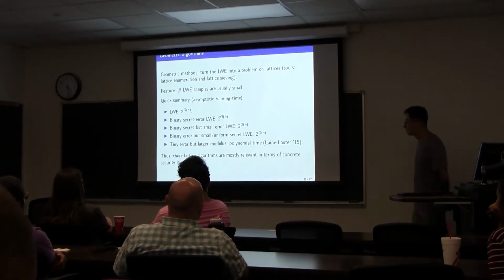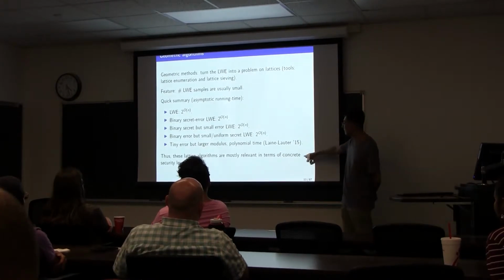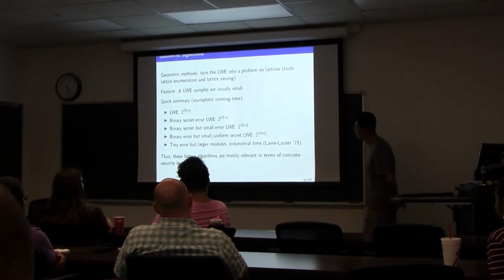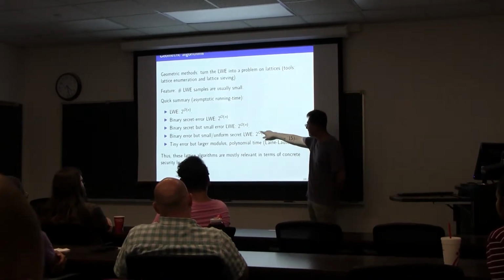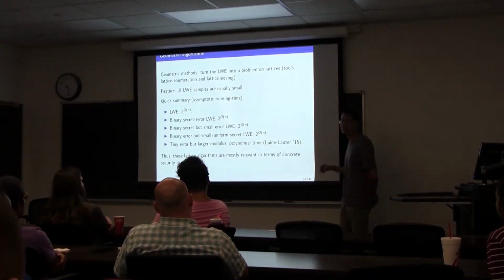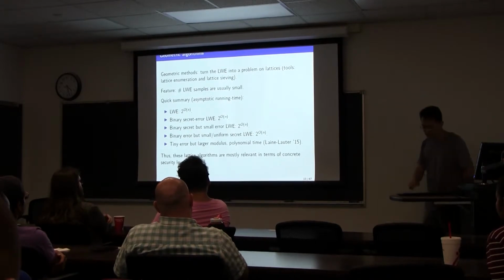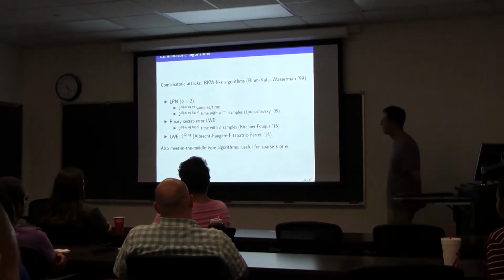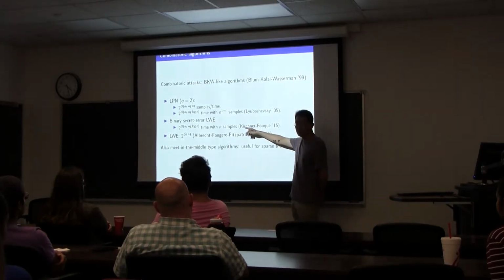So therefore, these lattice algorithms are mostly relevant in terms of concrete security levels. The reason is all of this security estimation takes the big O into consideration. So maybe you will have a subexponential algorithm, for example, 2 to the n over log n.